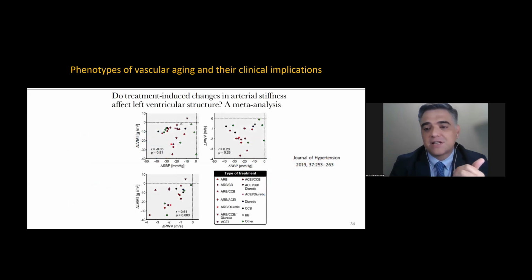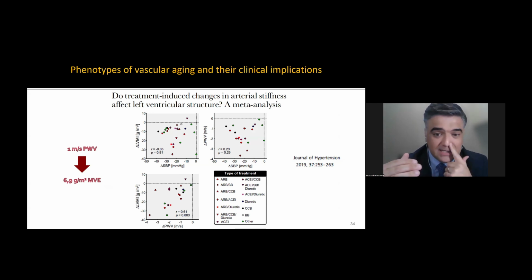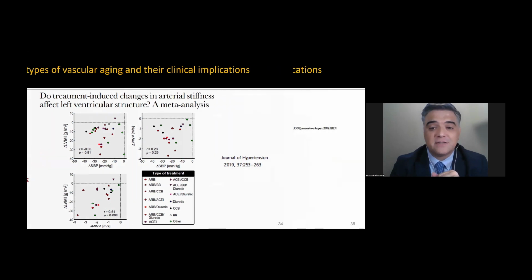Other information comes from this meta-analysis showing that if you decrease pulse wave velocity directly, you also decrease left ventricular mass, which obviously is an independent risk factor for the development of cardiovascular disease.